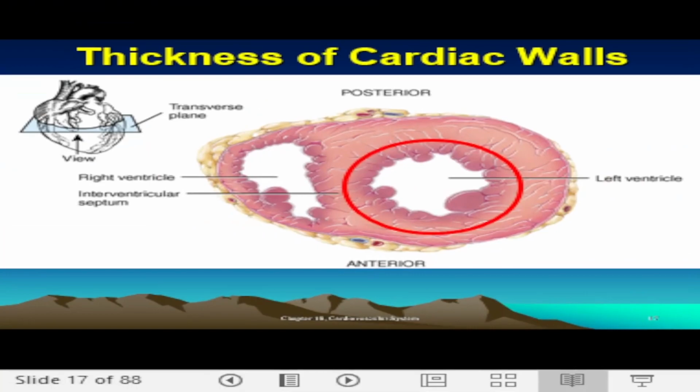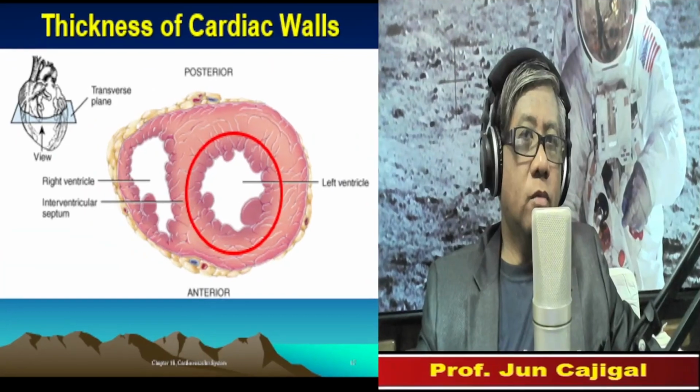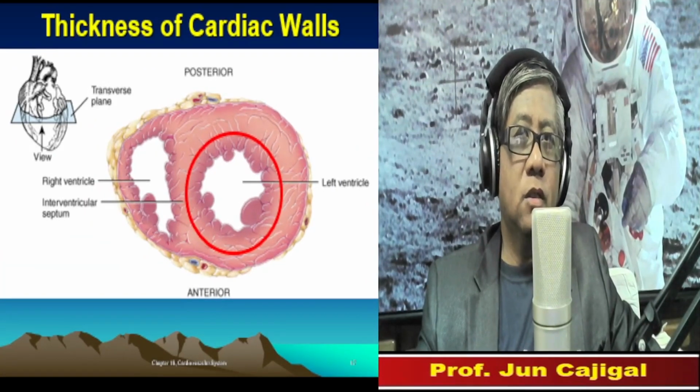The myocardium of the left ventricle is thicker because the left ventricle must pump blood through the systemic circulation, whereas the myocardium of the right ventricle is thinner compared to the left because the right ventricle only pumps blood to the lungs. Alright, so that is with regards to the thickness of the myocardium.